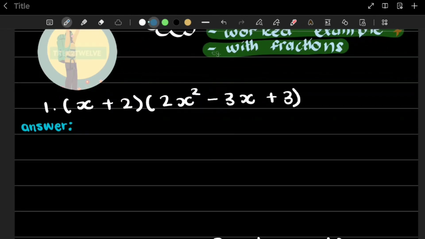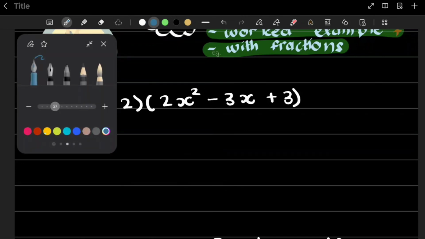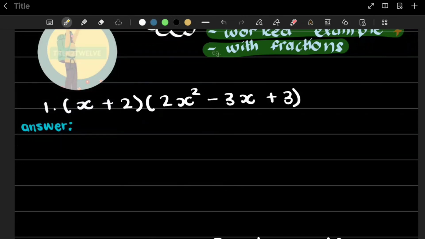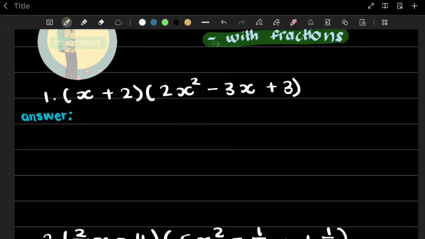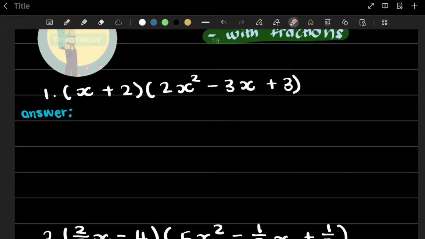So as we can see, let me just change the color. Okay, as we can see, there's 2 terms in this one, 1, 2, and then 3 terms in this. Just to specify, because I feel like some people get really confused about what is a term. How do I know if something is a term?